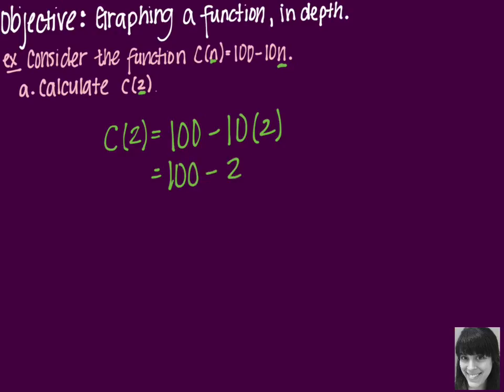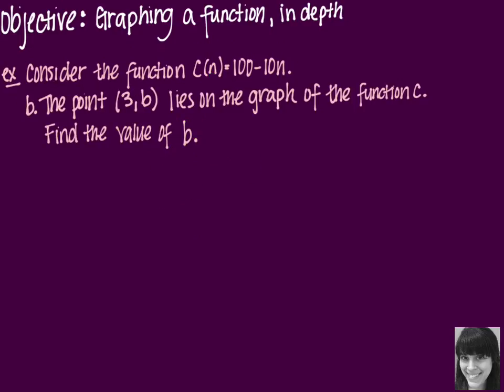The first problem says to calculate c of 2. Just like I told you before, you take the value, and it's saying that n is 2. So c of 2 equals, and wherever I see n in the function, I'm just going to replace it with 2. Notice how I'm keeping the same format as before. 100 minus 20 equals 80. Let's move on to b. Consider the point 3, comma b lies on the graph of the function c. Find the value of b. So b is our output. When x equals 3, we want to find b.